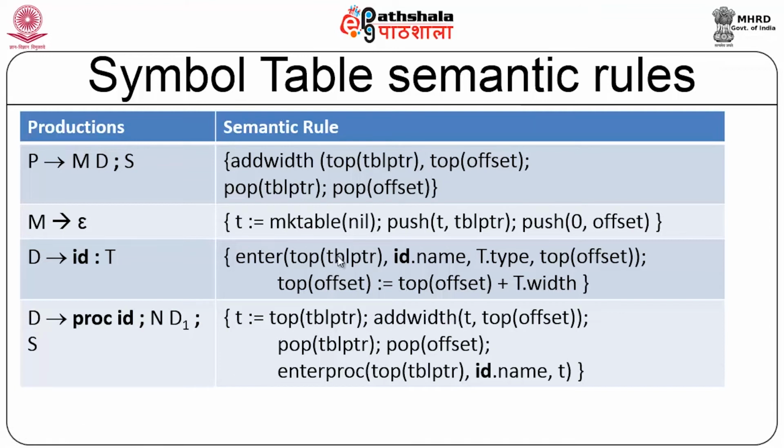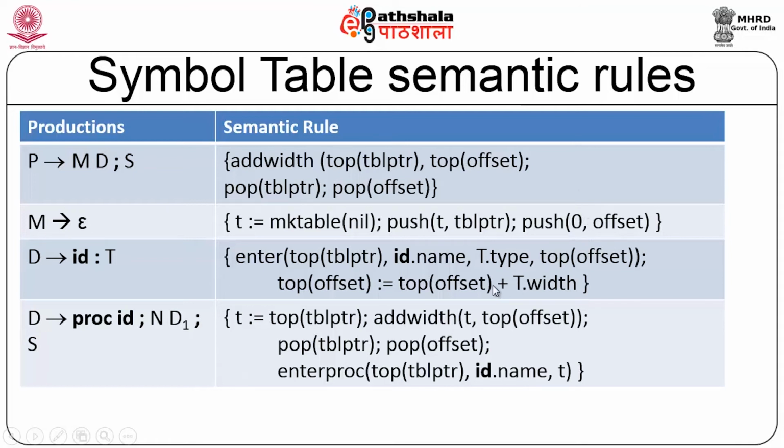Into that I will add this variable name along with the type T and top of offset. Whatever offset is there, you push a 0 here. So, you start the first variable with an offset of 0, and then you update top of offset with top of offset plus t dot width. Here we have pushed a 0 as offset, right.